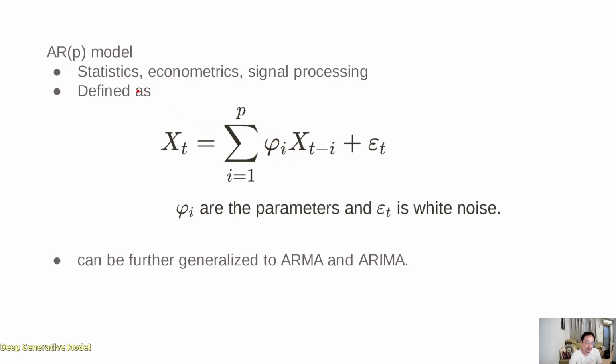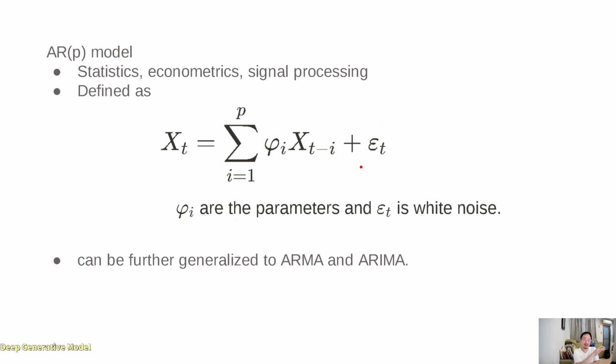So in this field, when people talk about the autoregressive model, they may mean specifically the linear one with this kind of noise assumption. There might be other noise assumptions, but they are talking about the linear autoregressive model with these noise assumptions.